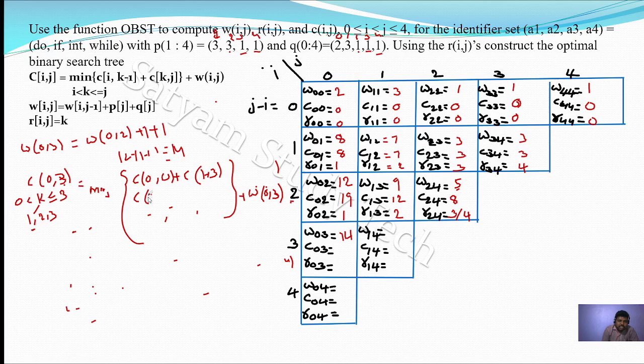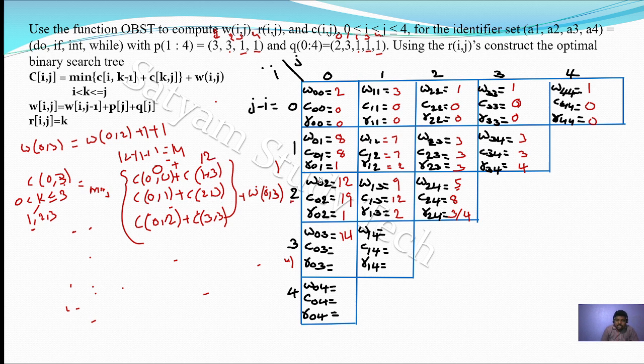Like that here it is 0 comma 1, k value is 2. Now here it is 2 comma 3 and 0 comma 2, k value is 3 now, plus C of kj, that is 3 comma 3. So you know already C of 00 value is 0, C of 1 comma 3 value is 12. So note down here it is 12.